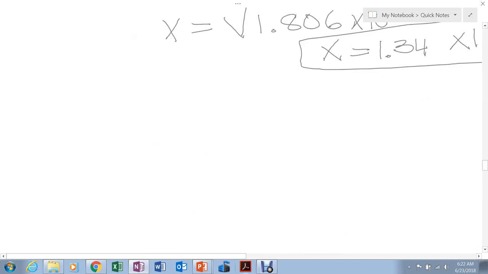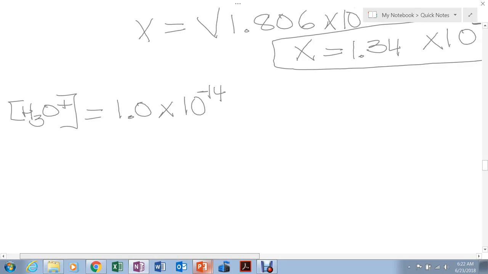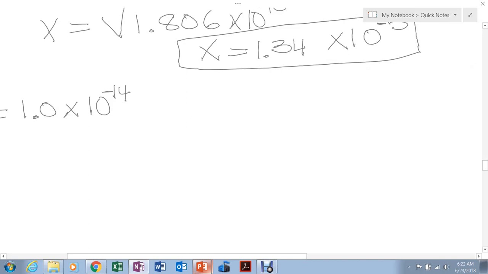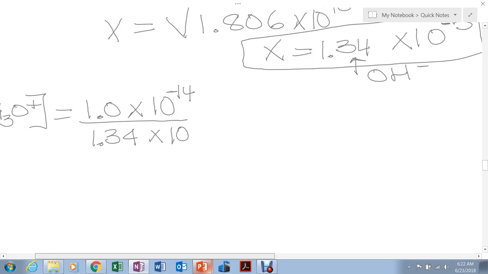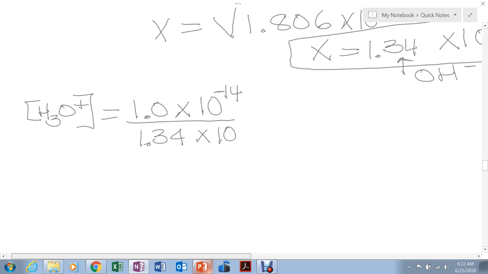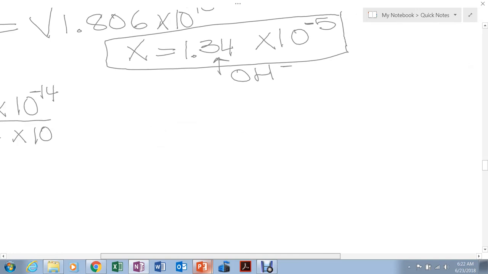So you have to find a concentration of hydronium, which is equal to 1.0 times 10 to the negative 14 divided by the x, which is the concentration of OH, of hydroxide, divided by 1.34 times 10 to the negative 5.